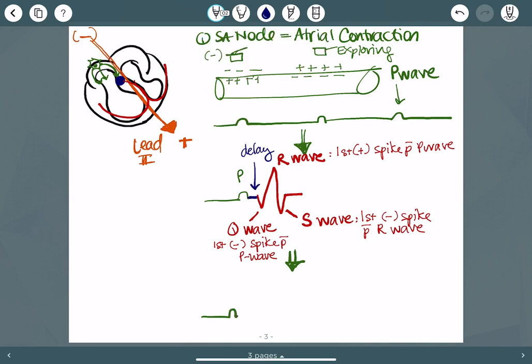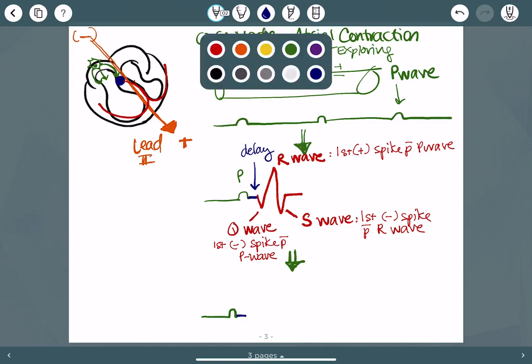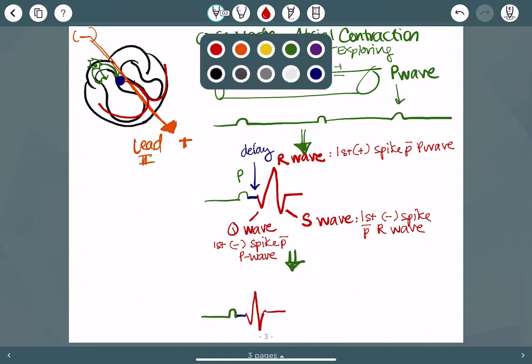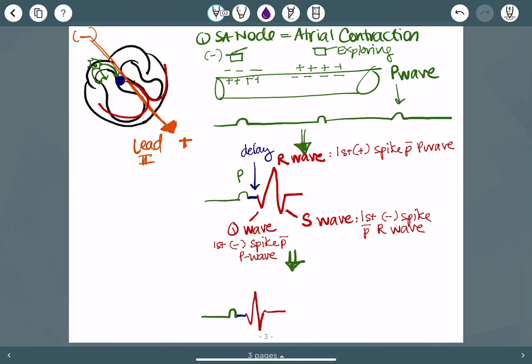We have a slight delay for the time in the AV node. We have the QRS. And then a little while after, you will see another positive deflection, and this is our T wave.